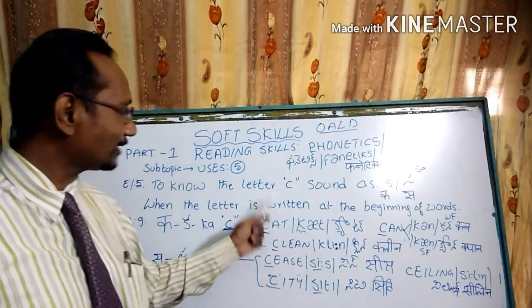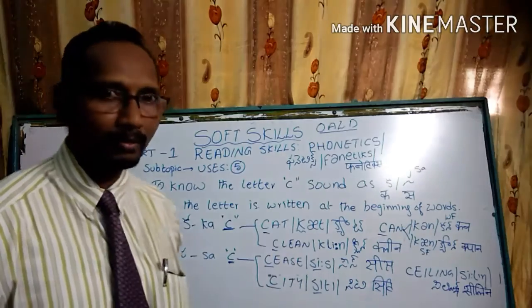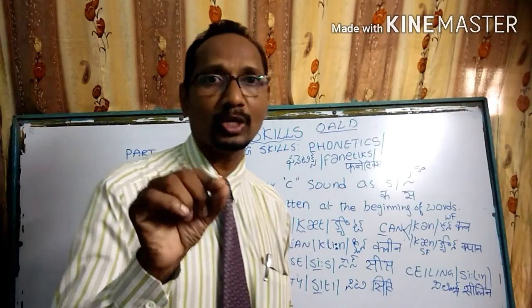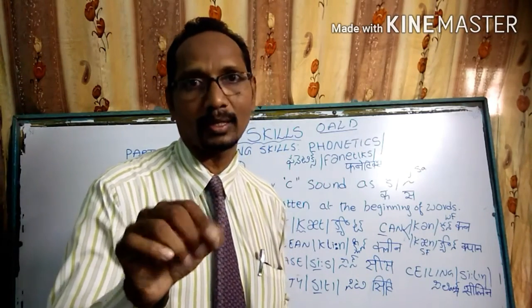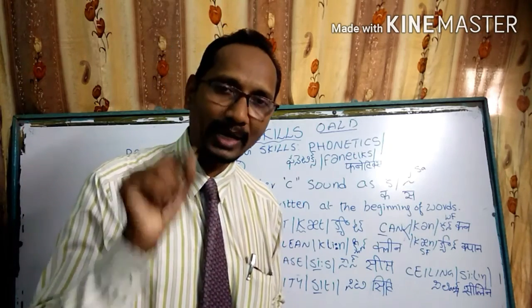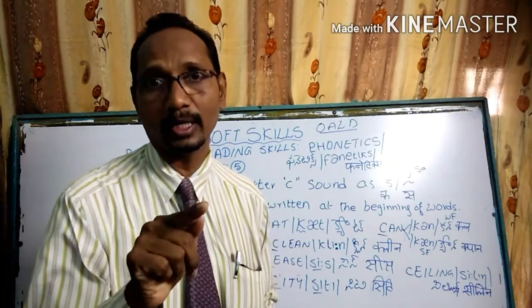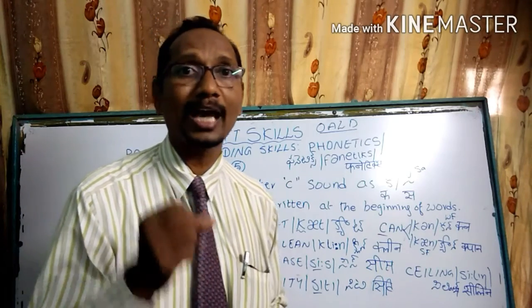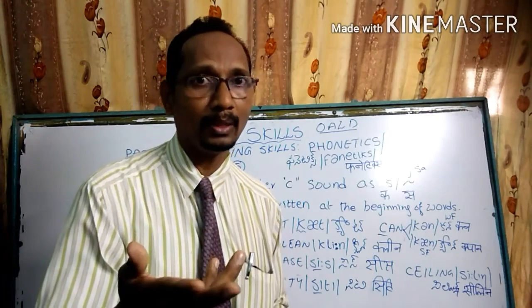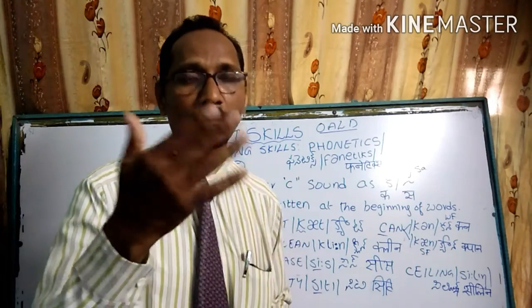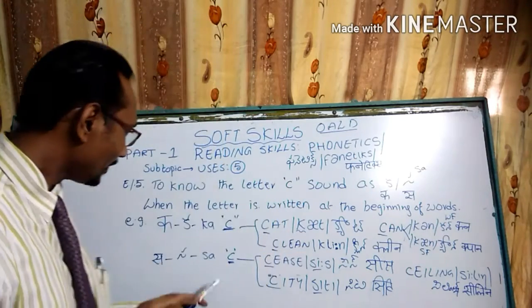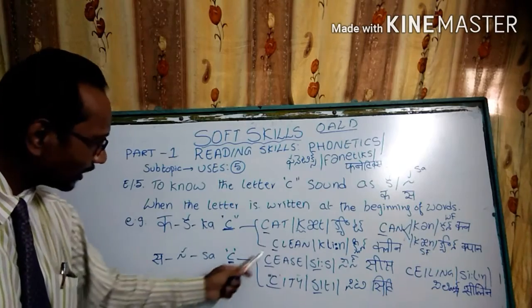But coming to cat, can, clean, congregation, or congratulation, these are all pronounced as a ka. We can see that only in a phonetic word. Then only can we give a guarantee to other people for the sound which you are pronouncing. So coming to the sa sound, C.